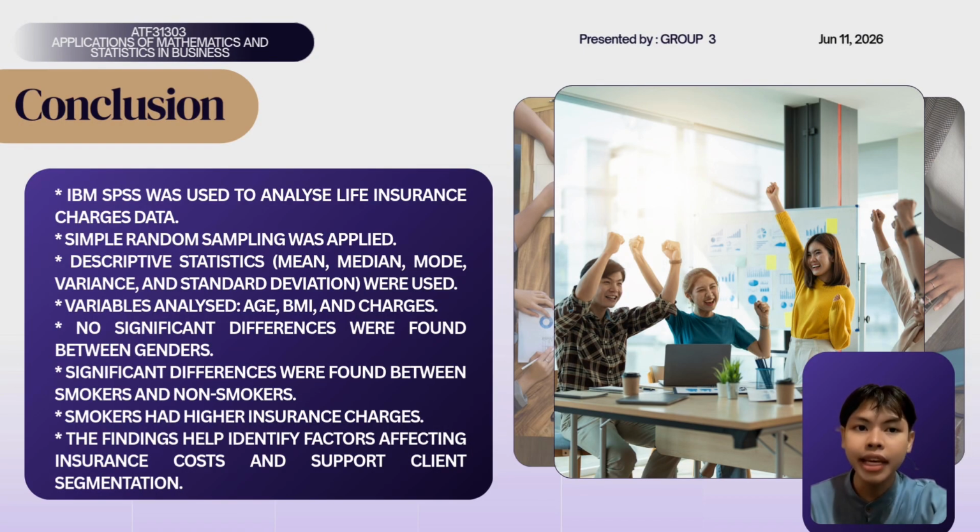However, a significant difference was found between smokers and non-smokers, whereby smokers had much higher insurance charges. Overall, the findings highlight smoking status as a major factor influencing life insurance costs and can help insurers improve risk assessment and customer segmentation.